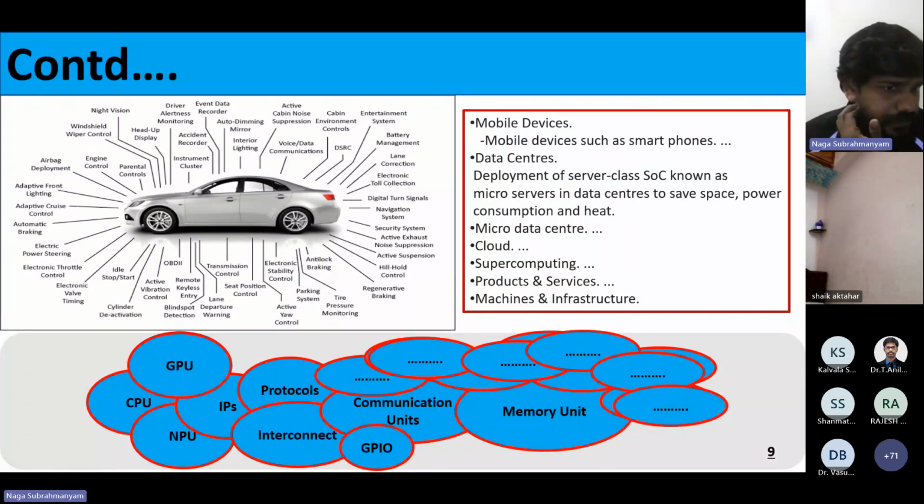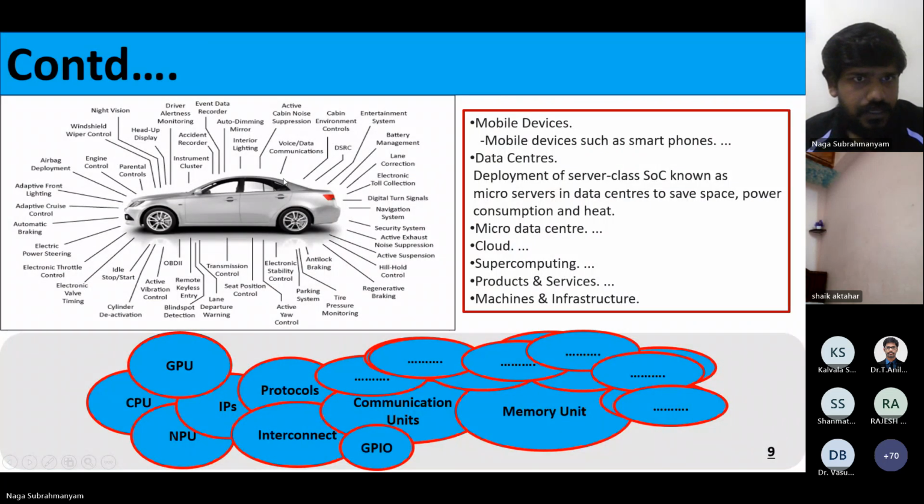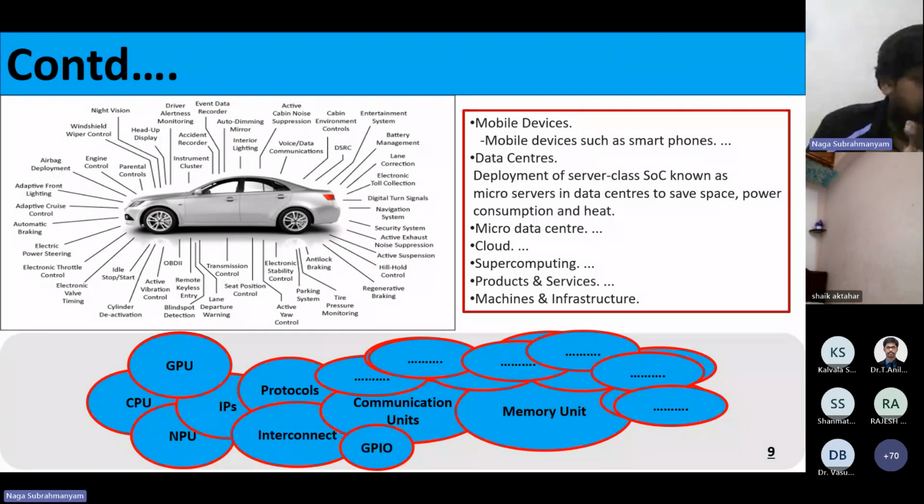The computing between them has to be much faster, and the power management has to be very sophisticated and optimized. Suppose one part of the SOC is taking more power.